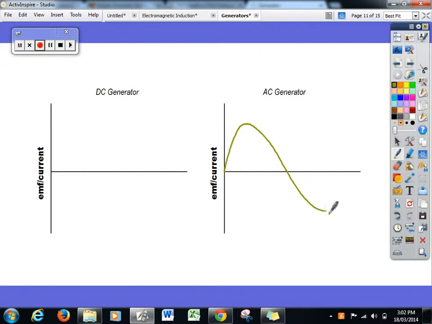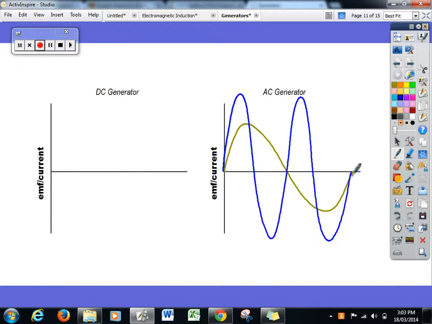There's a single revolution. And if I was to turn it faster, I might turn it twice as fast. I would get twice as much electricity for each loop. Okay? So this is 2 times as fast. You get 2 times the frequency, and you get 2 times the EMF. Are we okay with that?